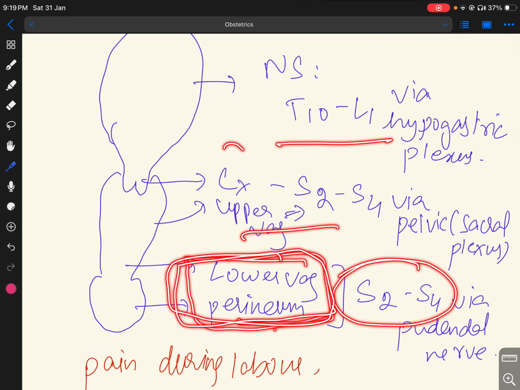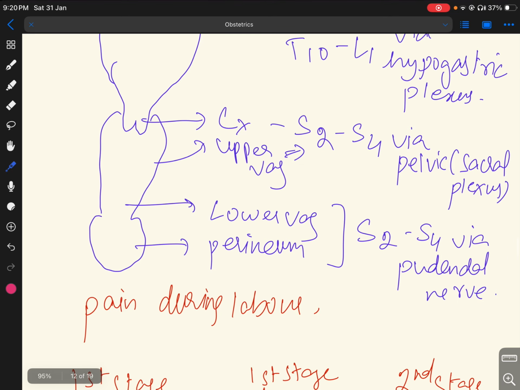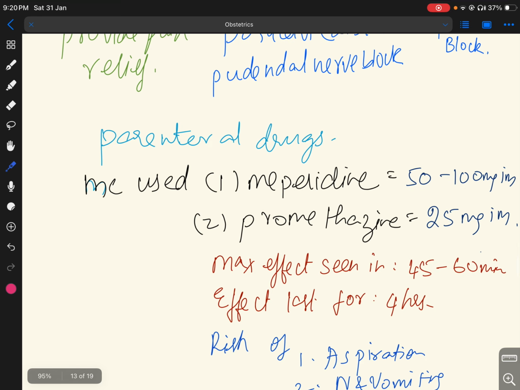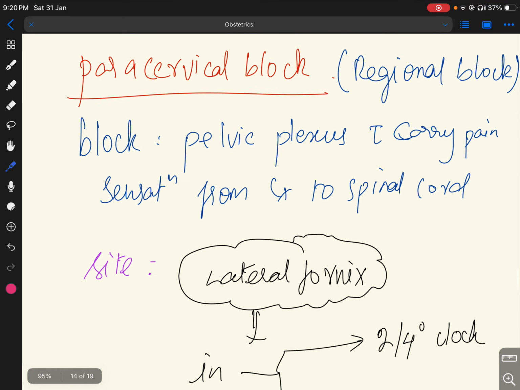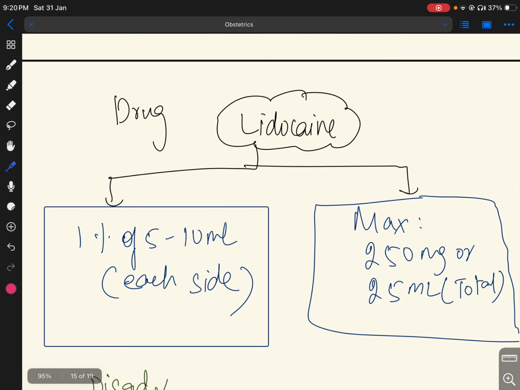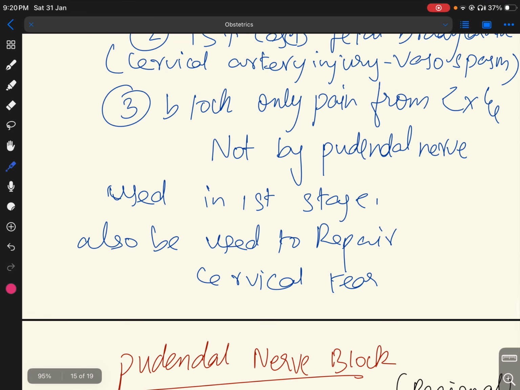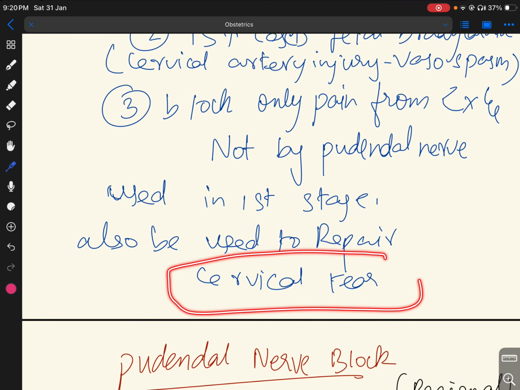The pain via this segment, which occurs in the second stage of labor, is carried via the pudendal nerve. Paracervical block has no role over there. Okay, it is used in the first stage, and also used to repair a cervical tear.